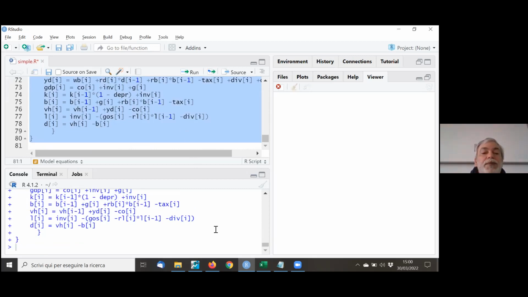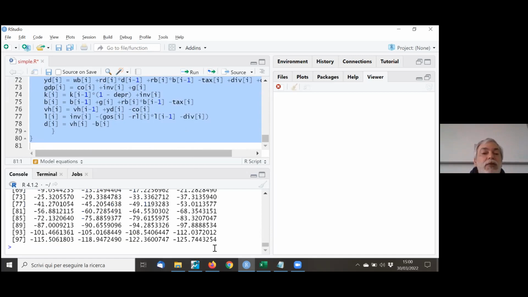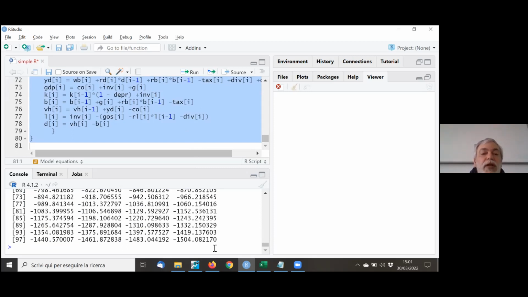So it worked. And now how do we look at the solutions? GDP should give me the value. Nicely go negative. And what about VH? VH goes very negative.